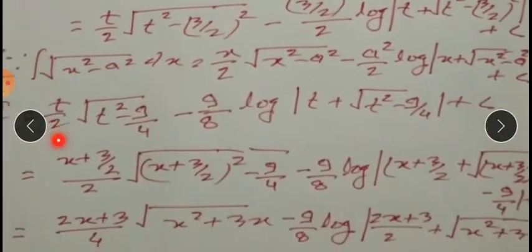That is equal to t by 2 root t square minus 9 upon 4, minus 9 upon 8 log t plus root t square minus 9 upon 4, plus c.